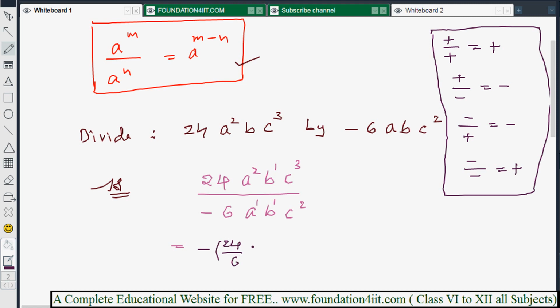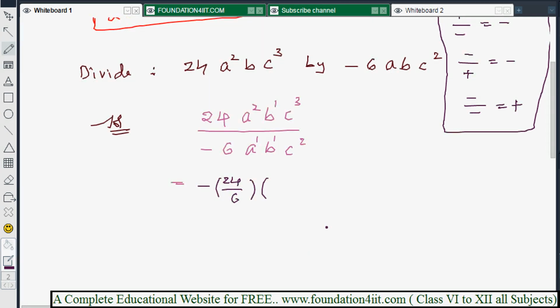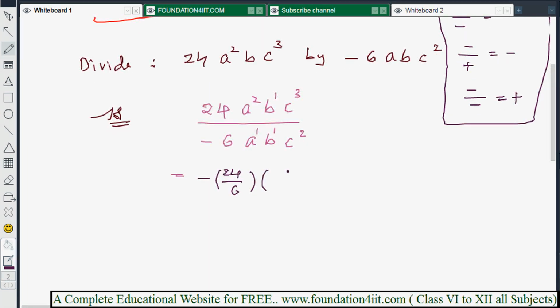This number separately. Now when you come to the letters, that is a power 2, b power 1, c power 3, by a power 1, b power 1 and c power 2. Once you are familiar, you can do cancellations later. If there is no power, you can keep it as 1. When you do the calculation here, 6 ones are 6, 6 fours are 24.